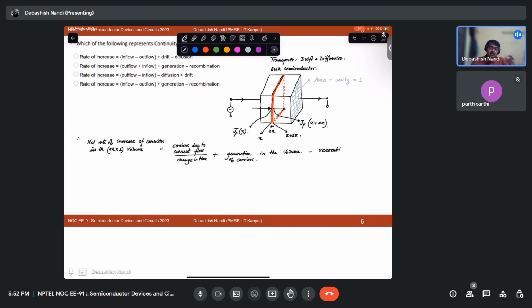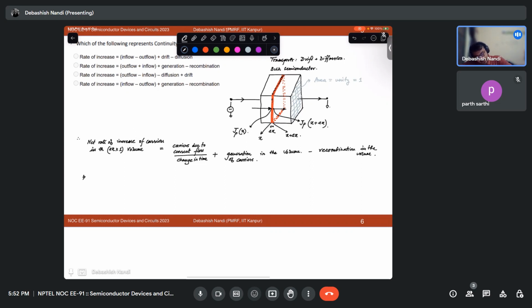With generation you get electron-hole pairs, which means the number of holes will increase. With recombination your electron-hole pairs annihilate, which means the number of holes will decrease.